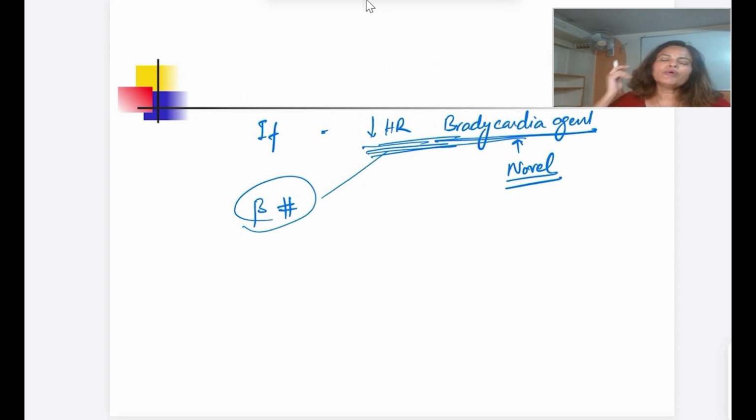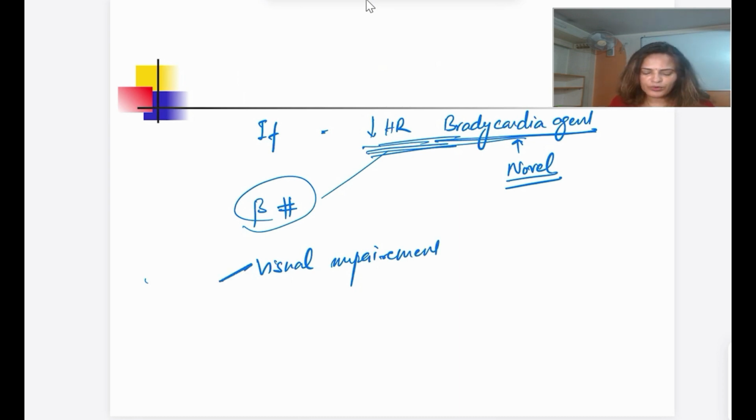Here the important adverse effect is because this funny current is also present in the retina. So the nocturnal vision is impaired. So there is a visual impairment that is seen with this drug.